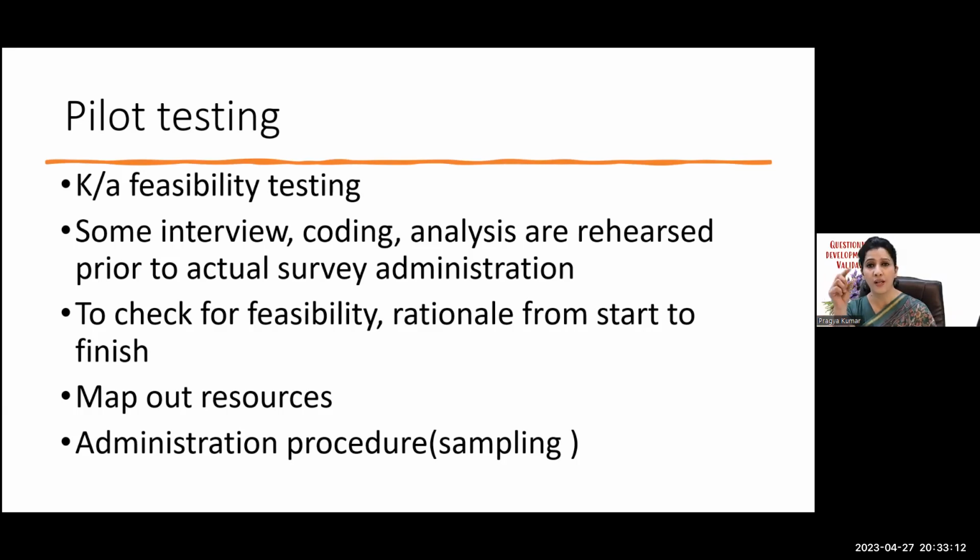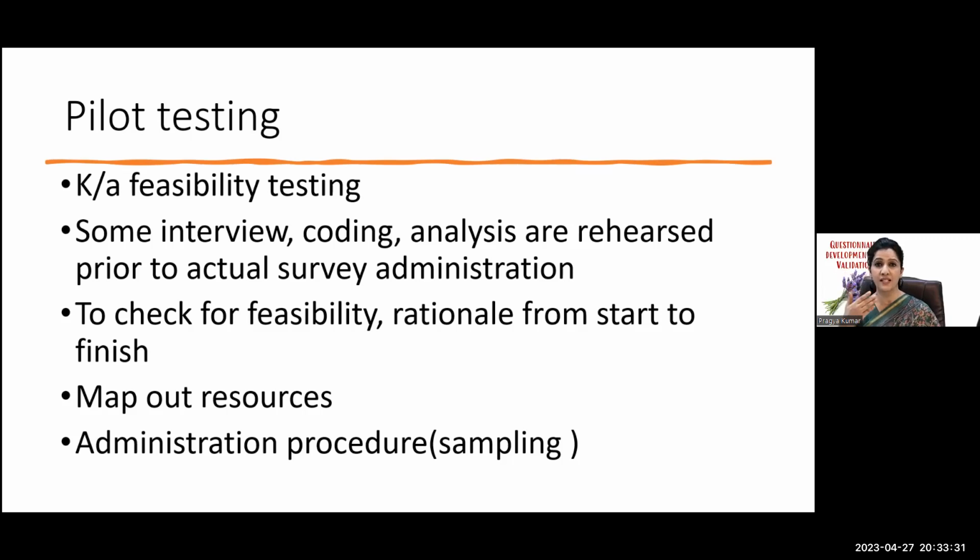Then on a subset, the pilot testing is done on 10 to 12 patients. This is more common in field-based studies or a large setup. A small institutional-based study you can do on 8 to 10 people also.